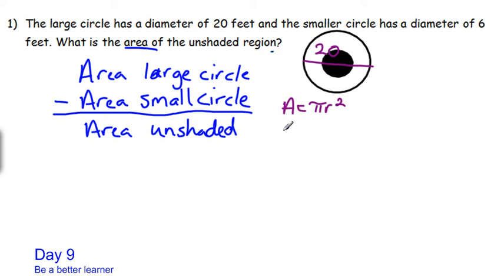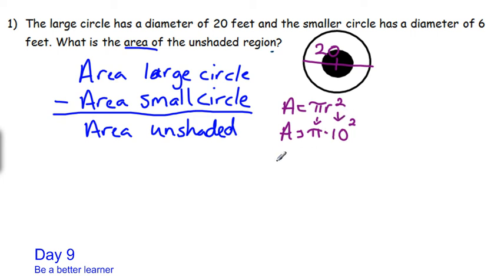And for the sake of this, since we don't really need to know it just yet, let's just leave pi as pi. Okay? And our radius, if the entire distance across is 20, then our radius would be half of that. So what is half of 20? That's just 10. So that'd be 10 squared.